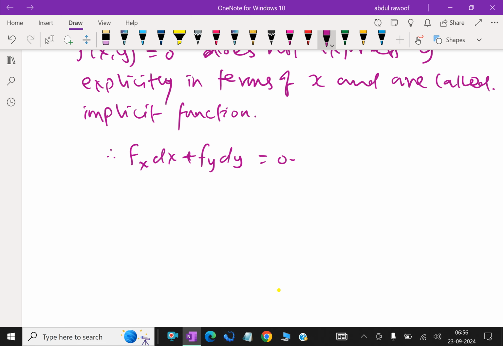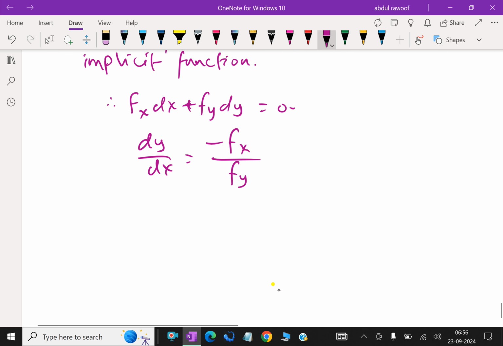From this, we can say dy by dx equals minus fx over fy. Then this is further equal to minus 1 over fy by fx.